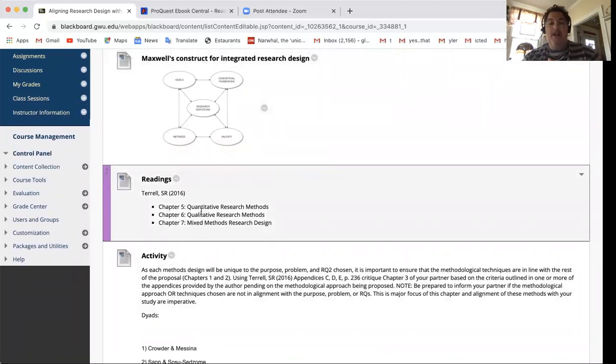we'll now, this week, look to Terrell for differences between quantitative, qualitative, and mixed method studies. I don't assume that everyone's doing a mixed method study, but I would think that many of you are. Not all dissertation studies are mixed method.